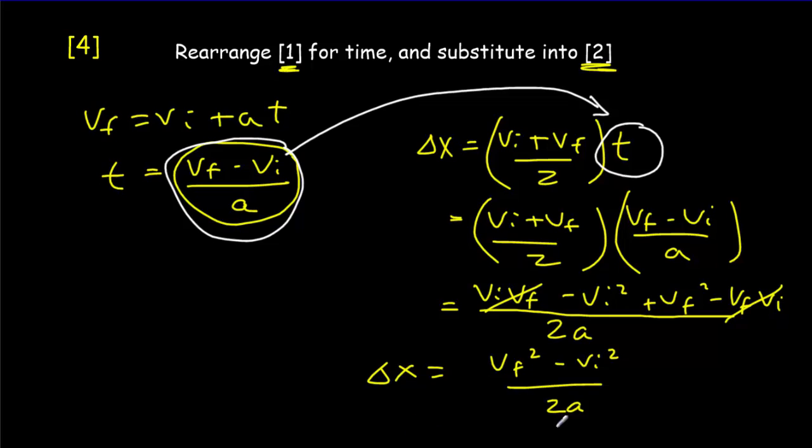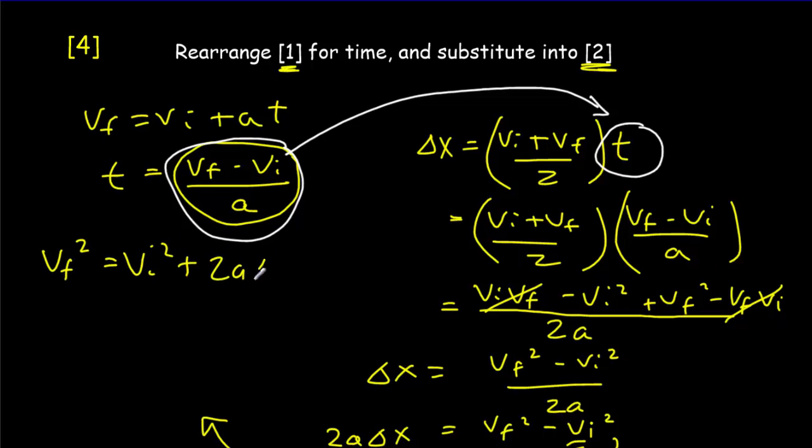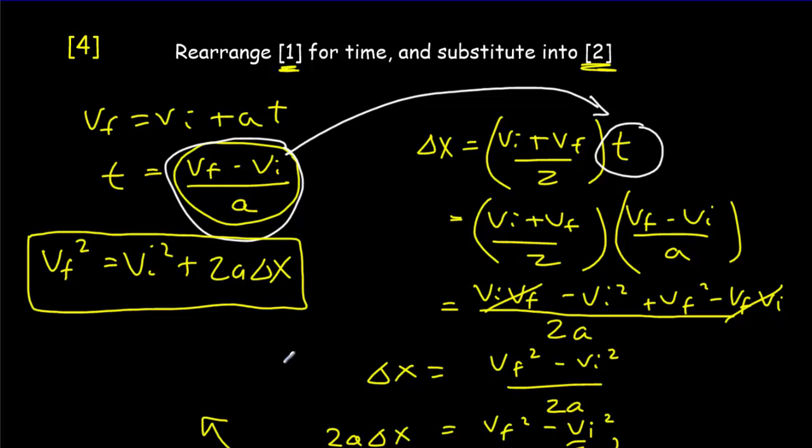Multiply both sides by 2A, I'll get 2A delta x equal to VF squared minus VI squared. Then I'm going to add VI squared to both sides. I'll bring that around here. So I'll get that VF squared is going to equal VI squared plus 2A delta x. And that's the fourth equation.